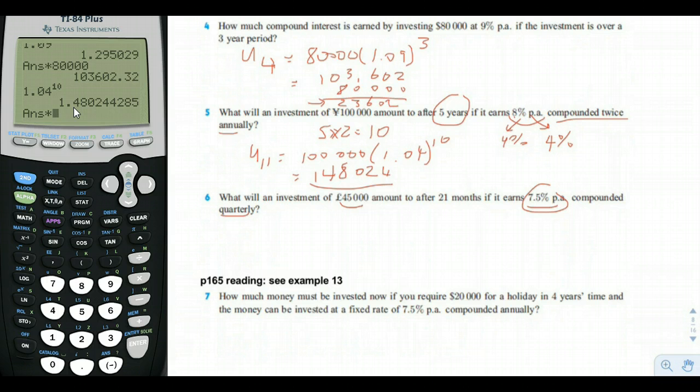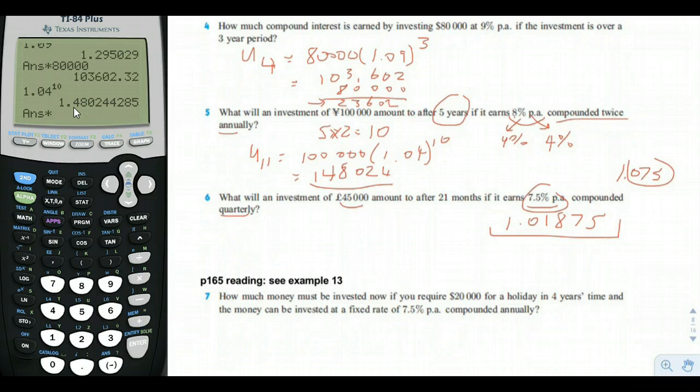In decimal, that is 0.01875. And if we wanted to make that into a multiplier, we would put 1.01875, right? If it was compounded per annum, we would just say the multiplier is 1.075. But since it is divided into quarters, we need to divide the 0.075 by 4, and then we end up with this multiplier.